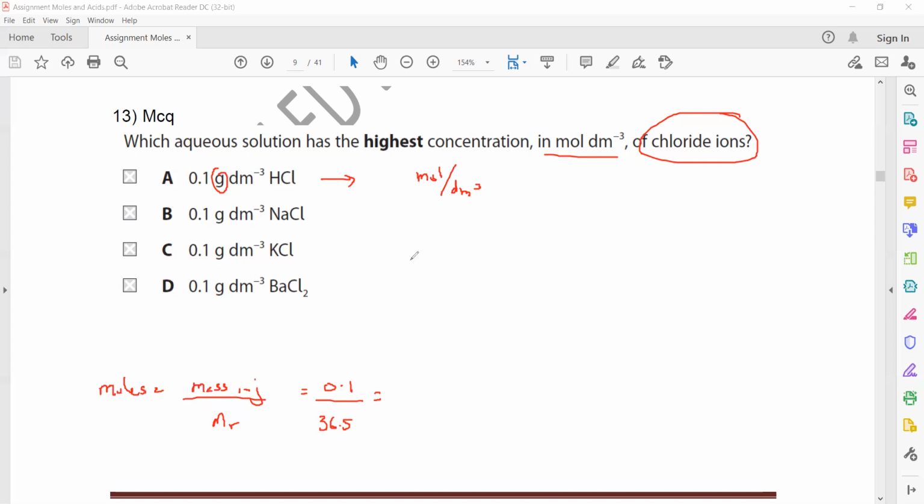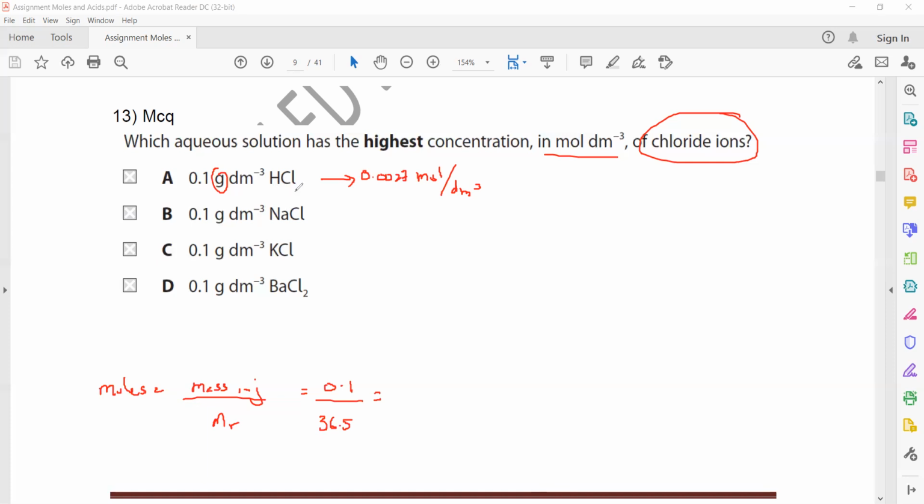What is the answer for this? The concentration of HCl is 0.0027. So this will give us the concentration of 0.0027.